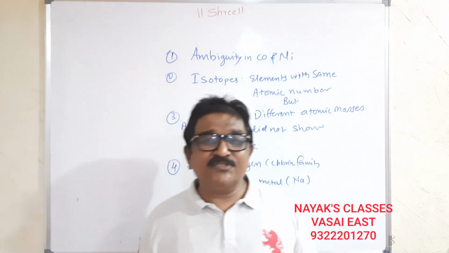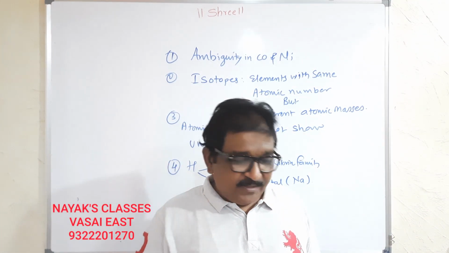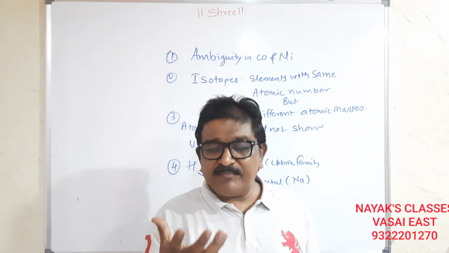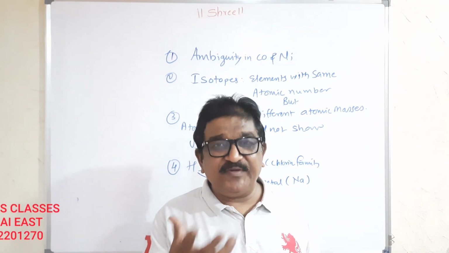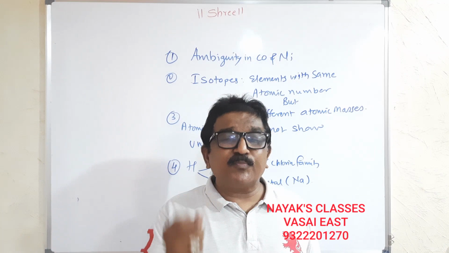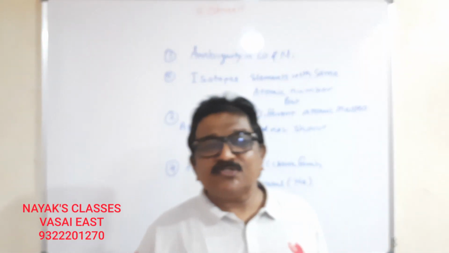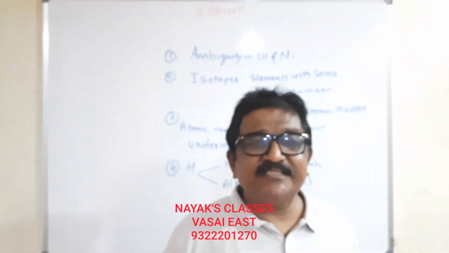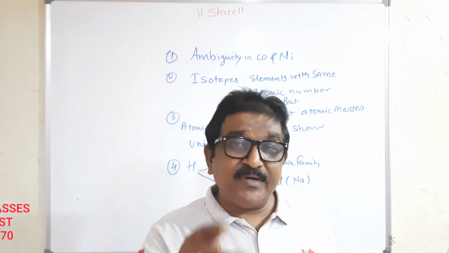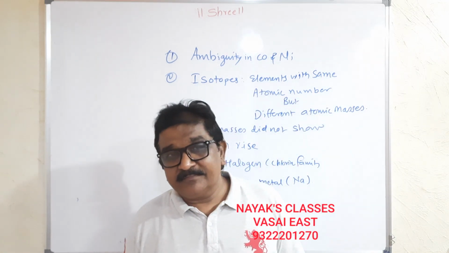He said atomic number is. Atomic mass means actual mass, weight. Atomic number means the number of electrons or protons present in an atom. So Henry Moseley put forth his theory: forget atomic mass, atomic number is a fundamental property of an element.